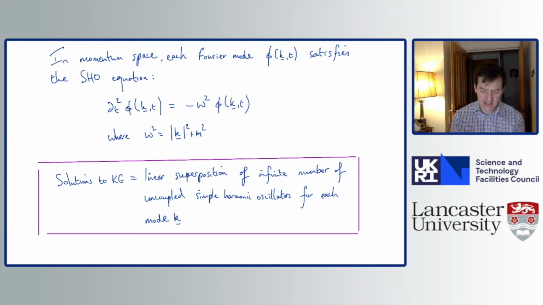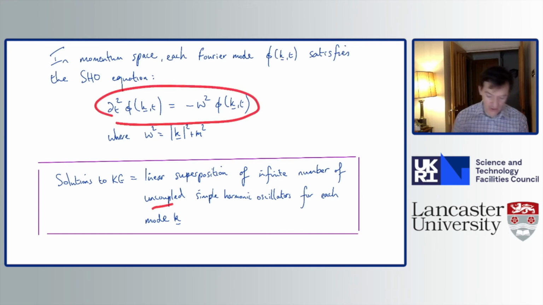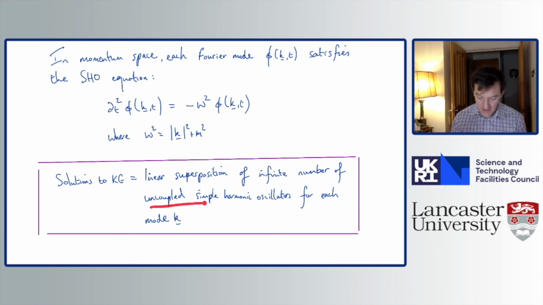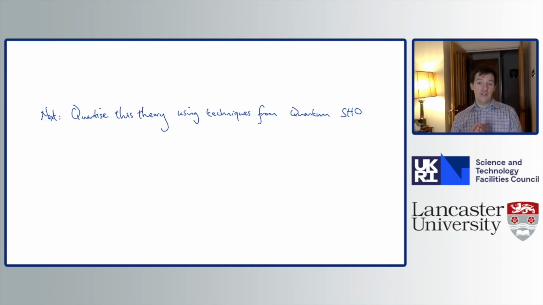So what we find is that our solutions to this Klein-Gordon equation are simply linear superpositions of an infinite number, infinite because k has an infinite number of values, of uncoupled simple harmonic oscillators. One harmonic oscillator for each mode k.